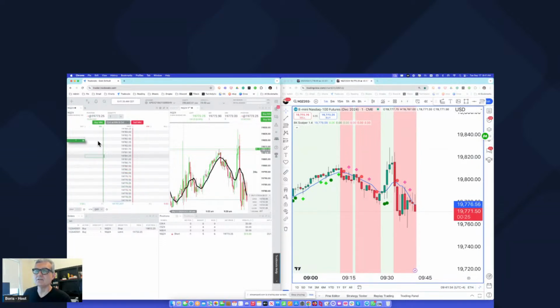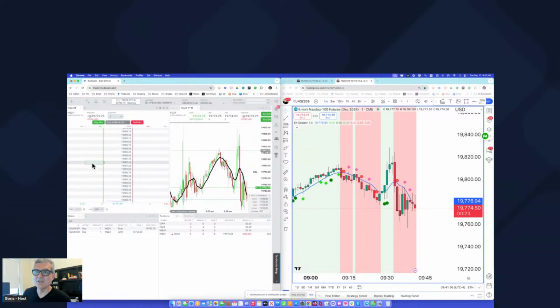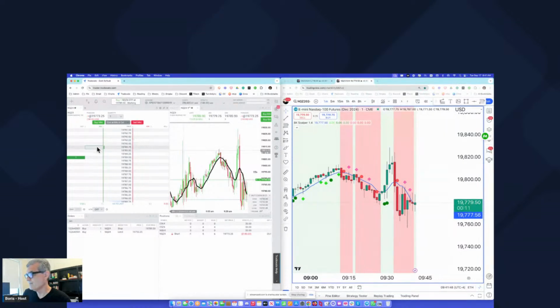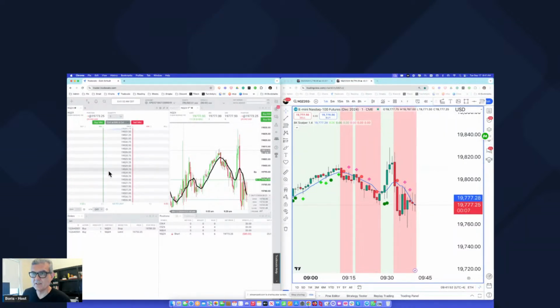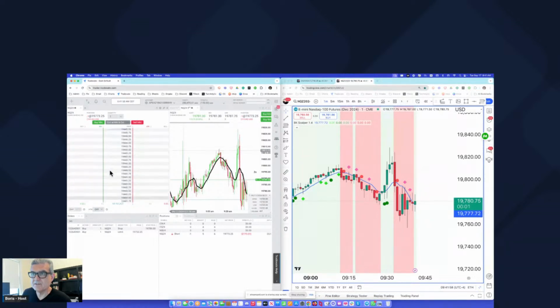Oh no, I'm sorry, I'm doing the wrong thing. I'm putting my stop back to 813. I have to move my target. Let's move my target. Where's my target? My target is 1753.